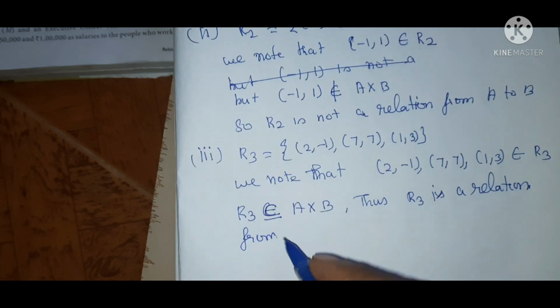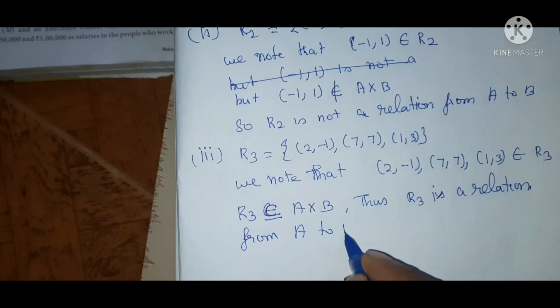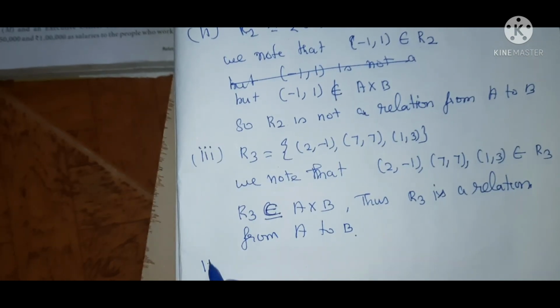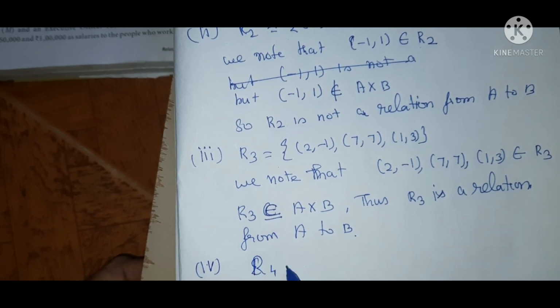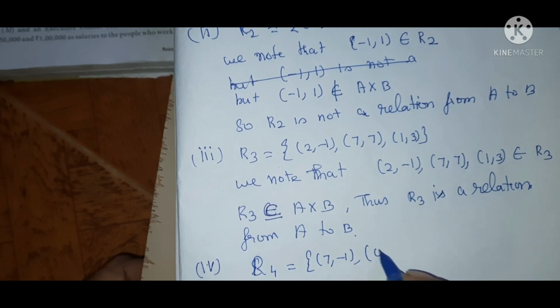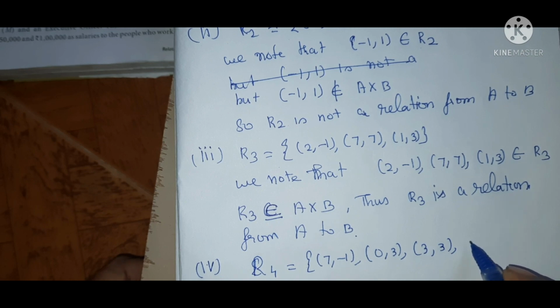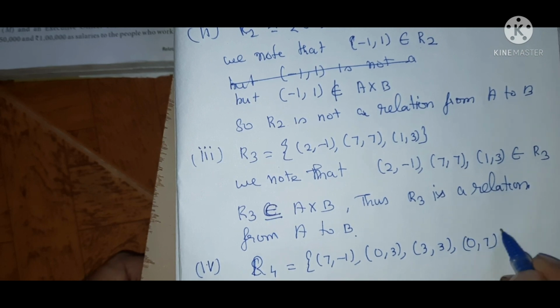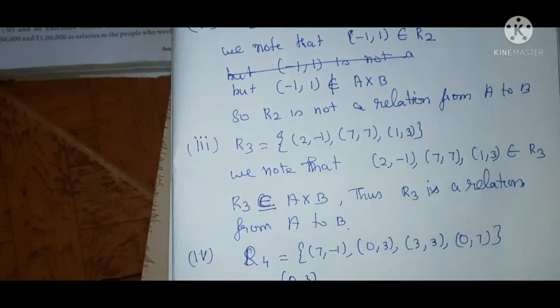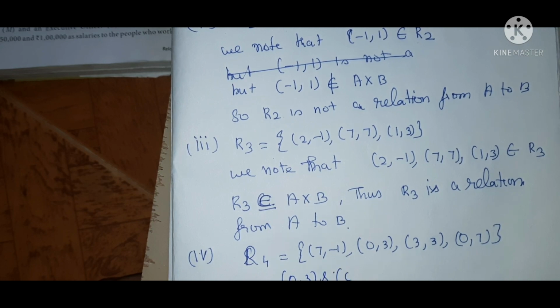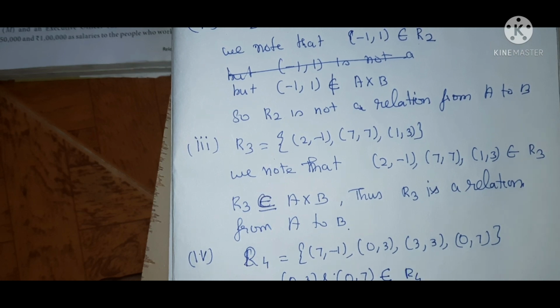Fourth one, R4 is {(7, -1), (0, 3), (3, 3), (0, 7)}. (0, 3) and (0, 7) belong to R4.